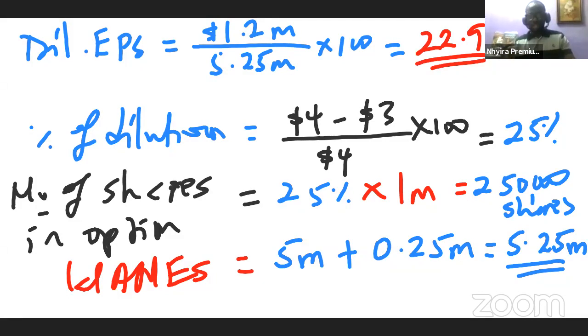You may be happy, but wait, if the management and employees exercise the option and buy the shares, note that our shares will go up and then earnings per share will fall. So that is the concept about diluted earnings per share. All right. Thank you very much.